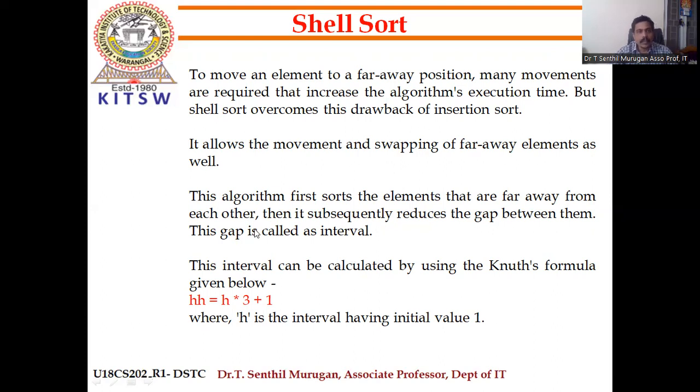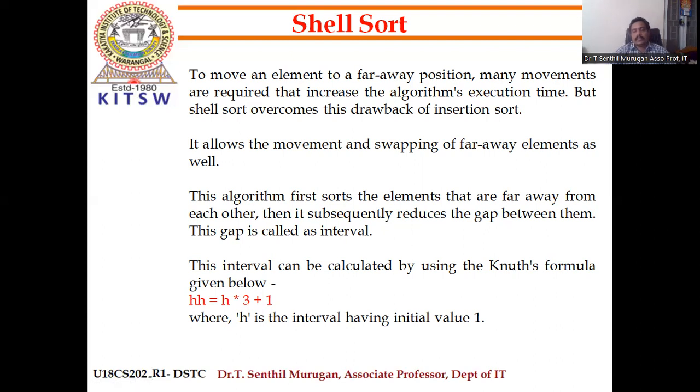This algorithm first sorts the elements that are far away from each other. Then it subsequently reduces the gap between them. This gap is called the interval. How can we perform this? Using Knuth's formula: h = h * 3 + 1, where h is the interval with initial value 1.